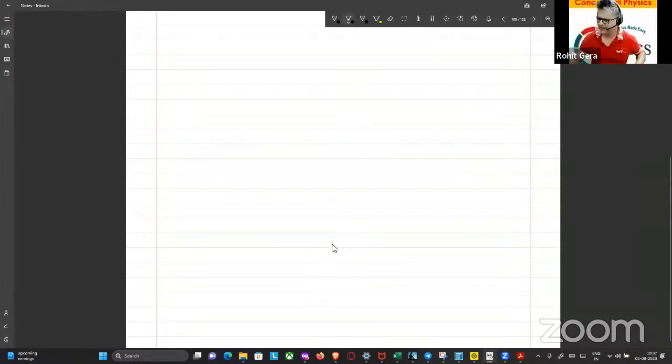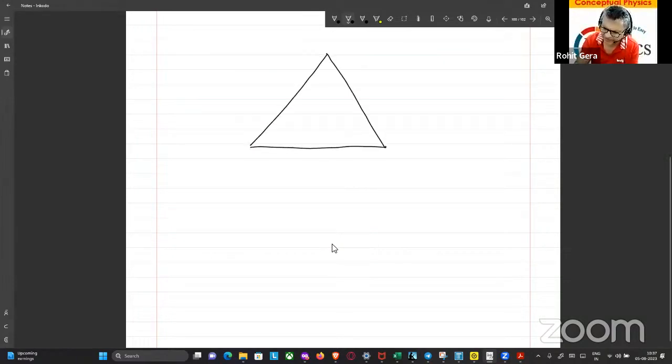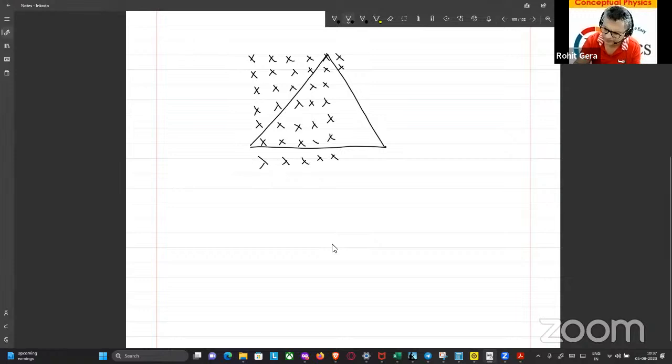Okay, so you have a triangle, and the magnetic field is this. The triangle wires are going to carry current.